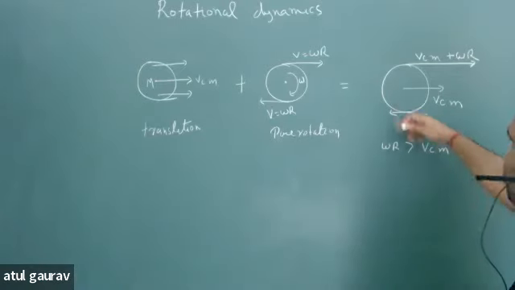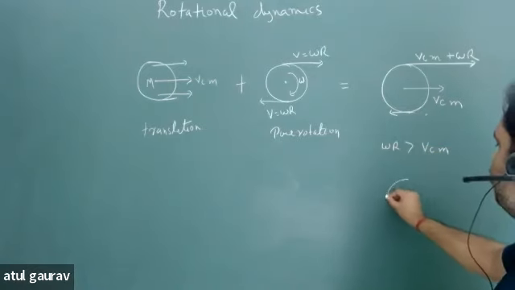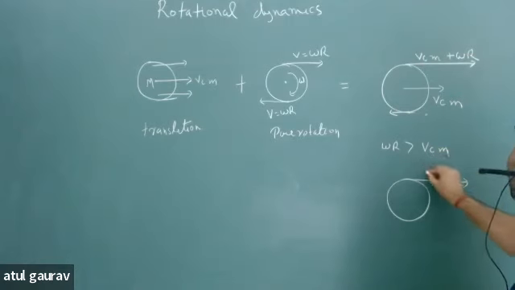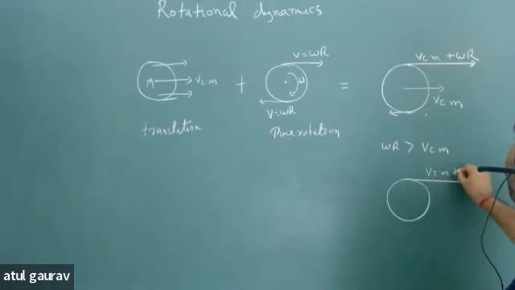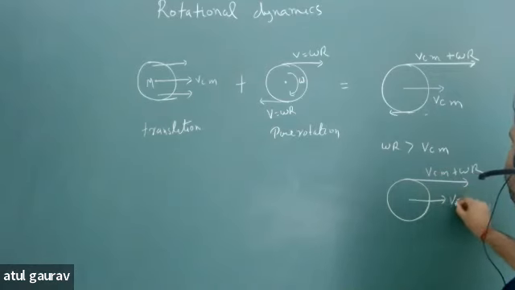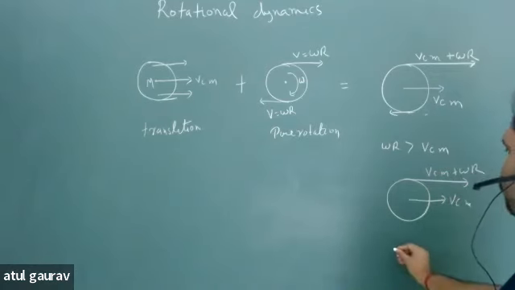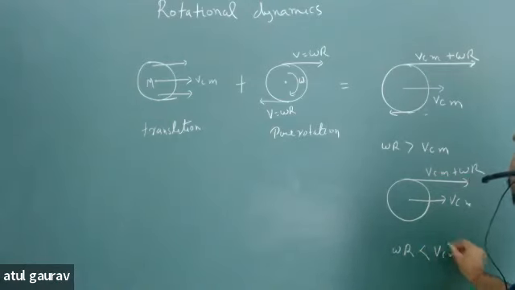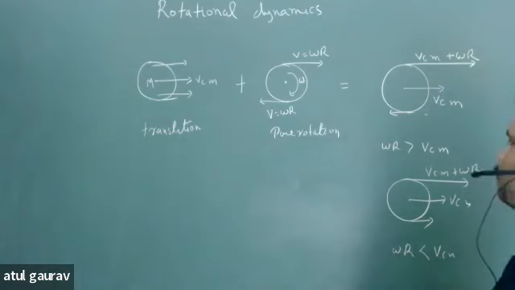So this is the condition when omega r is greater than VCM. The second condition: this remains VCM plus omega r, moving with VCM, and if omega r is less than VCM, then this will be in this direction, isn't it?